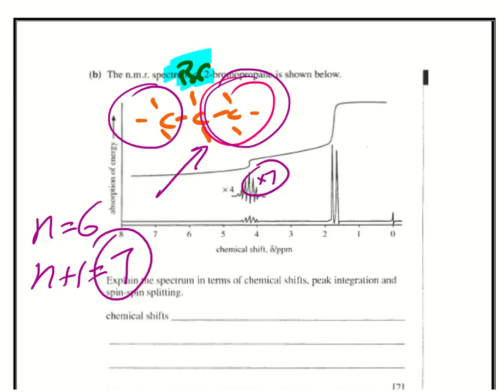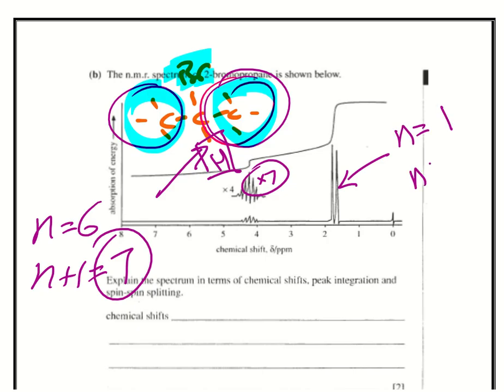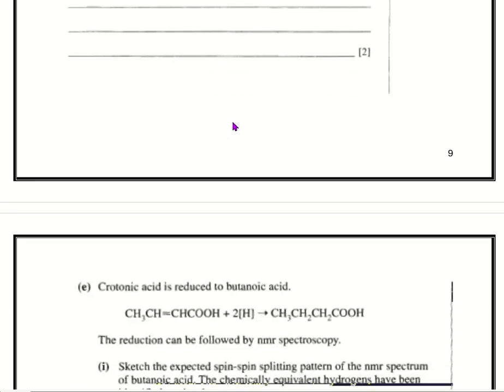The other environment, which I'll just highlight in blue here, is the two CH3 environments, and they're adjacent to this CH here, and that CH is of course 1 hydrogen, so N equals 1, so that's going to split to a doublet because N plus 1 is of course 2. So it's simply adjacent to a CH.